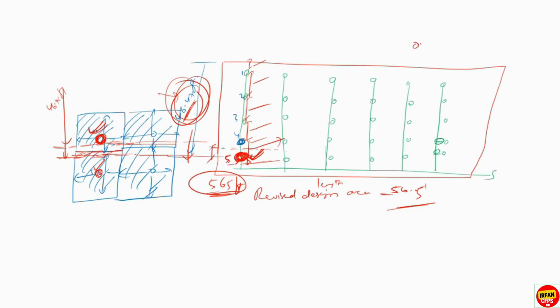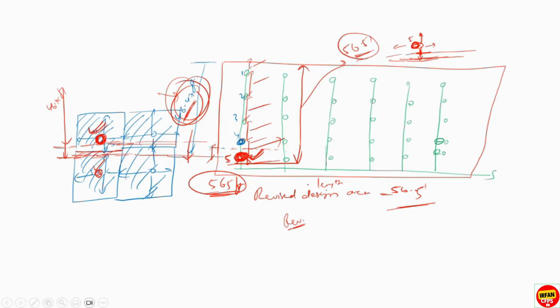Because the sprinkler covers half here, half here. So when you consider the fifth sprinkler, you need to make sure that you consider this area as well, half of the coverage area. So here you have to consider till this point. So this will be, for example, 56.5 feet. This is the revised length of the design area.